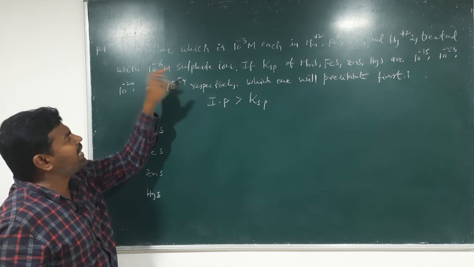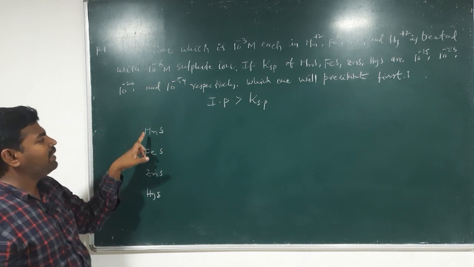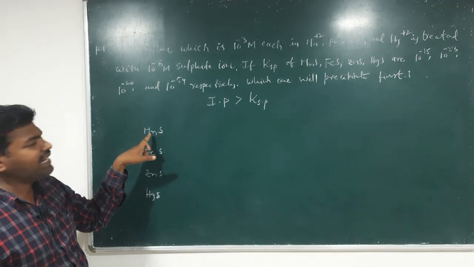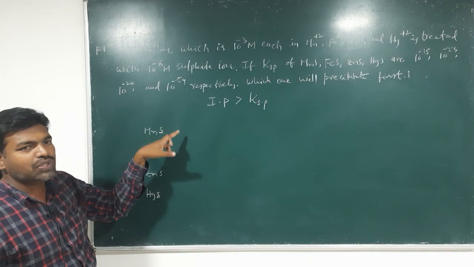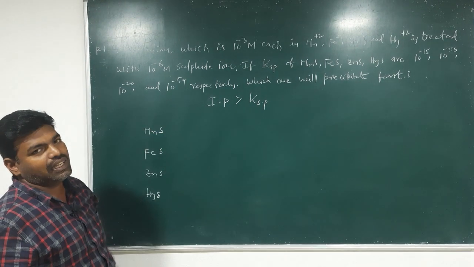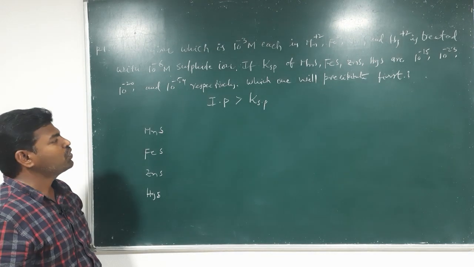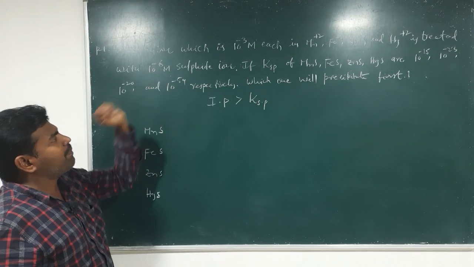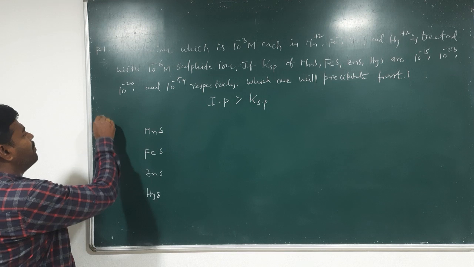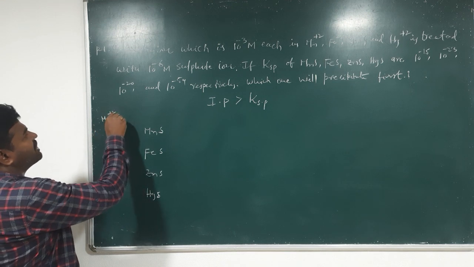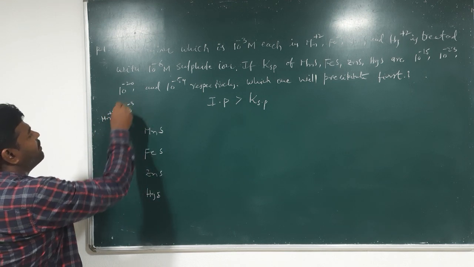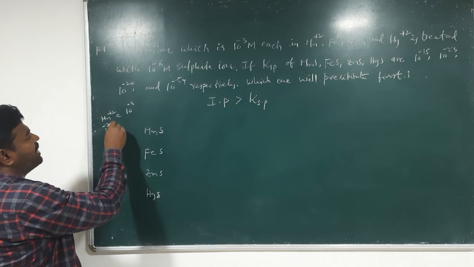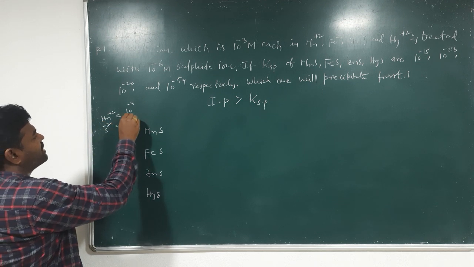So, for MnS, the Mn plus 2 ion concentration is 10 power minus 3 and it is treated with 10 power minus 6 sulphide ion. Then ionic product of manganese sulphide is concentration of Mn plus 2 into concentration of sulphide ion S minus 2. Mn plus 2 concentration is 10 power minus 3 and S minus 2 ion is 10 power minus 6.